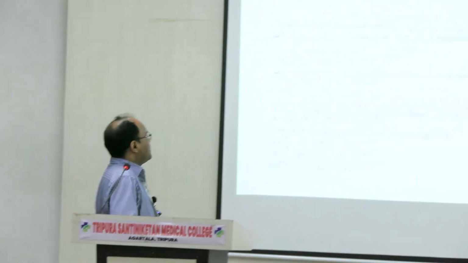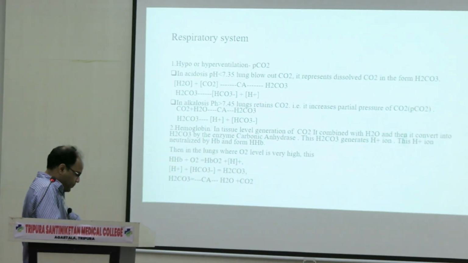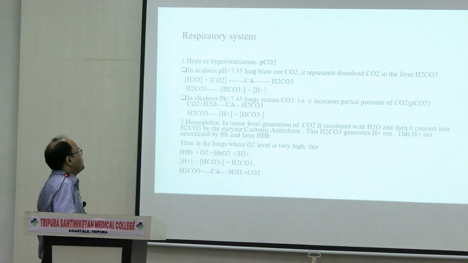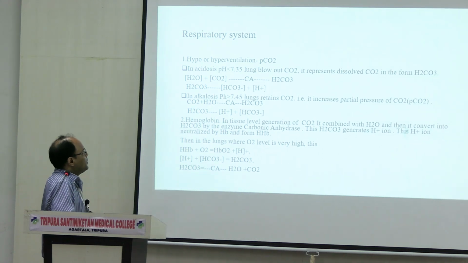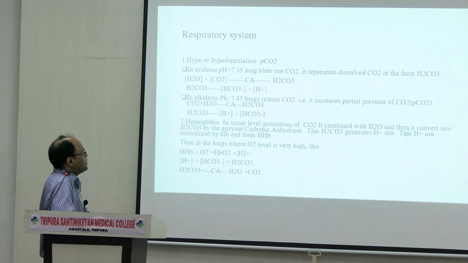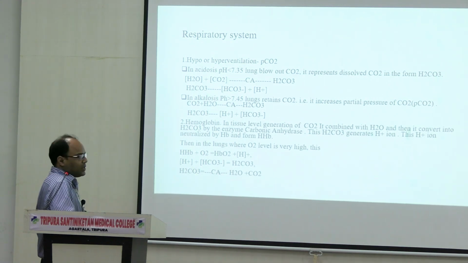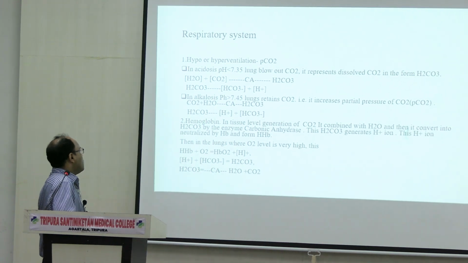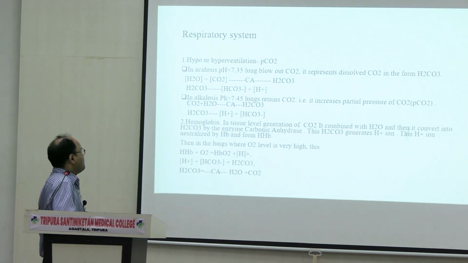So how does it work? In acidosis, where pH is less than 7.35, the lung blows out carbon dioxide. Carbon dioxide dissolves in tissue and forms carbonic acid. How does it form? Carbon dioxide reacts with water with the help of the enzyme carbonic anhydrase. It forms carbonic acid.